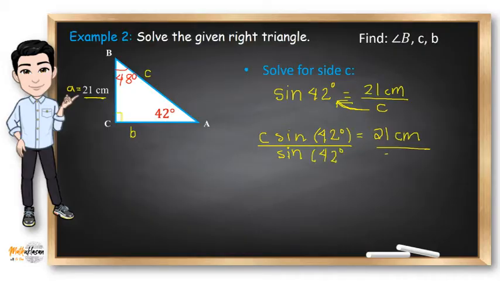Ayan. And with this, kakancel na ito, magiging 1 na lang yan. And ang matitira na lang dito ay C. So, therefore, we have 21 centimeters divided by sine 42 degrees.